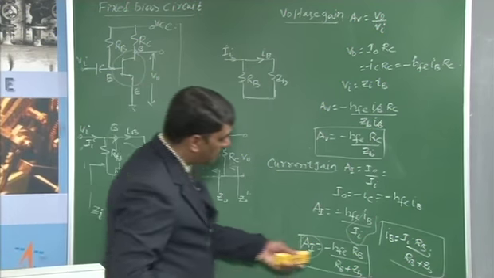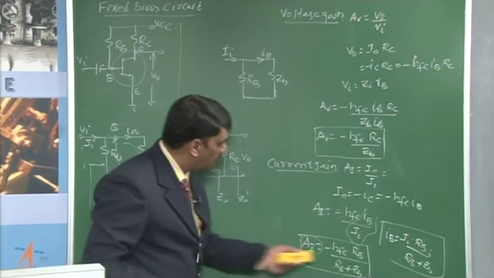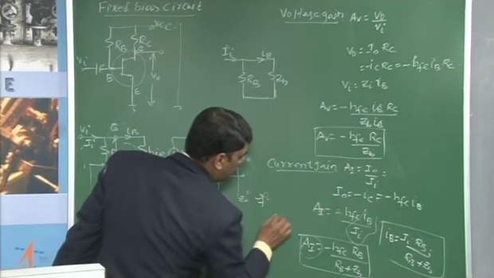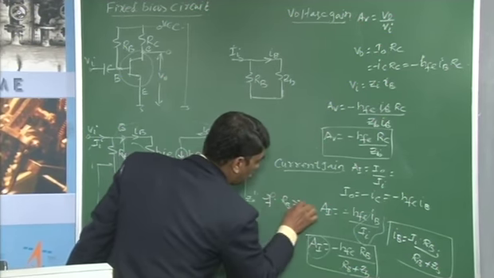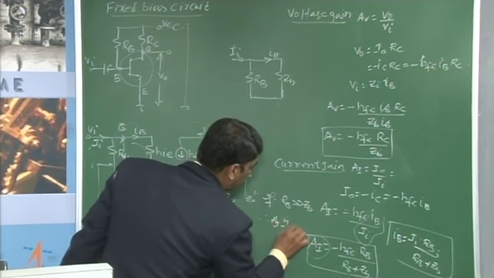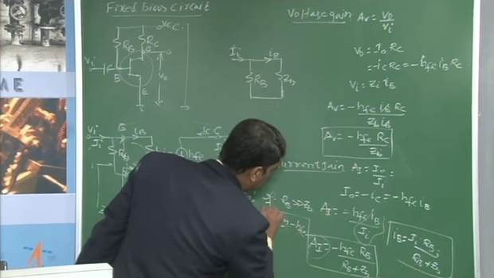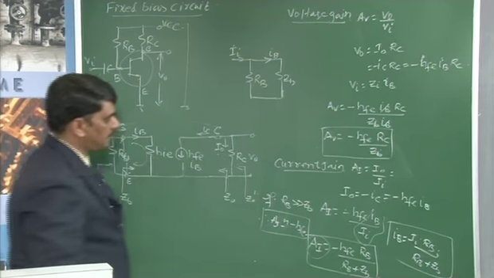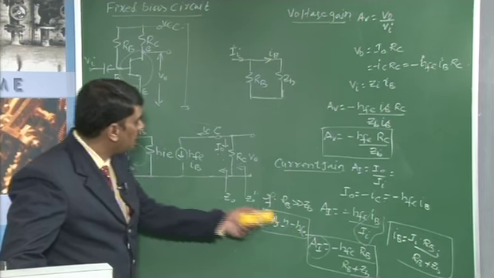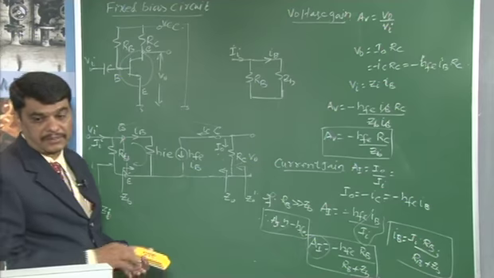Because if RB is much greater than ZB, then AI is approximately equal to minus hfe. This minus hfe is nothing but the short circuit current gain of a transistor amplifier.